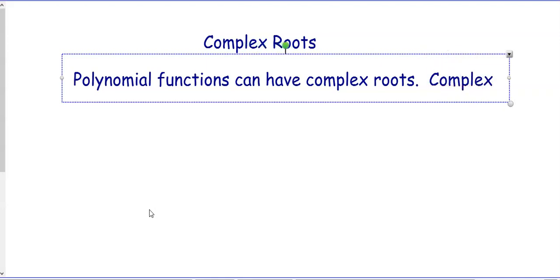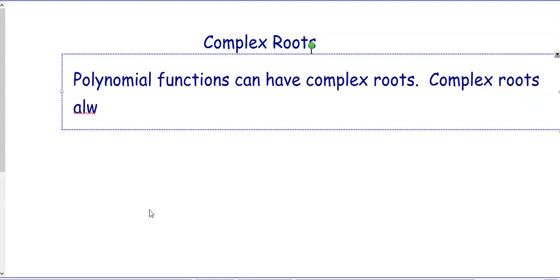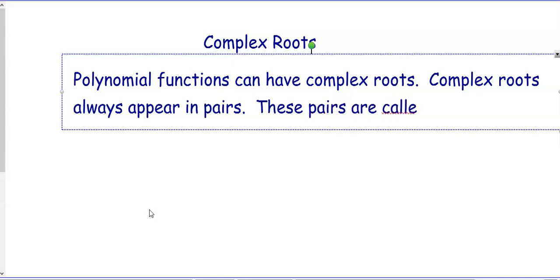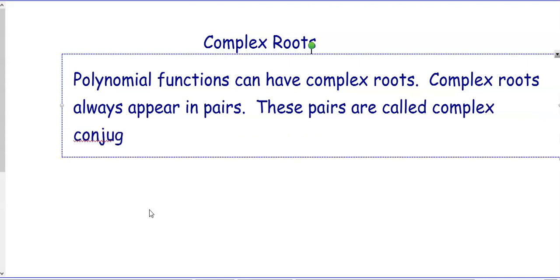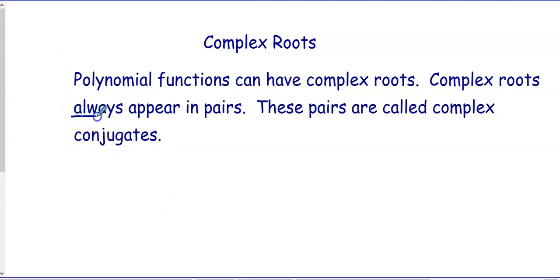Complex roots always, underline the word always, appear in pairs. These pairs are called complex conjugates. Underline the word always and underline the words complex conjugates.